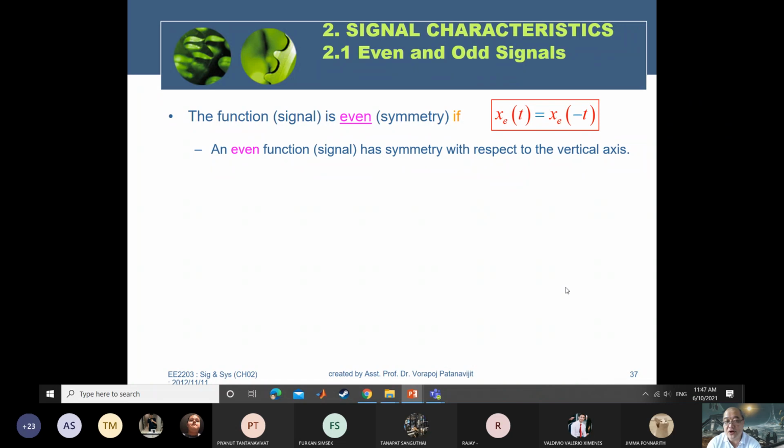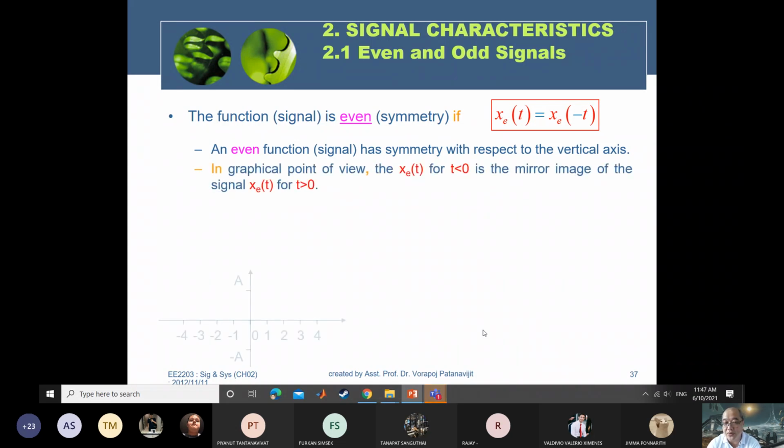A function is even, or symmetric, if x(t) equals x(-t). The even function has symmetry with respect to the vertical axis. From the graphical point of view, x(t) for time less than 0 is the mirror image of the signal x(t) for time greater than 0.